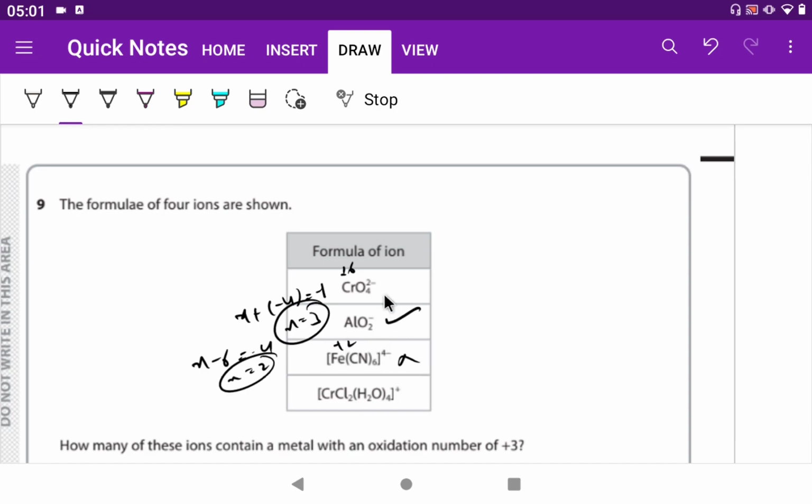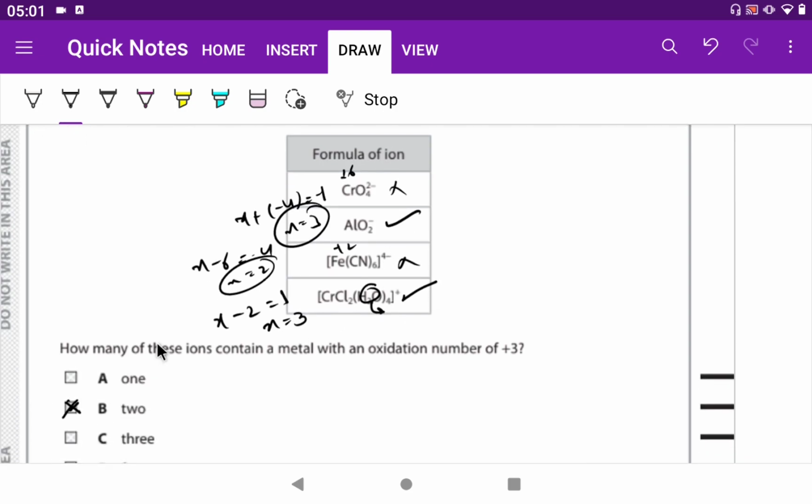So this is also not. Now chromium, this has 0 charge. So chlorine: x plus -2 is equal to 1. So 3. So how many? 2. So the correct answer is B.